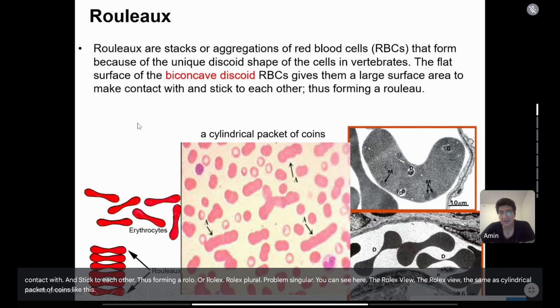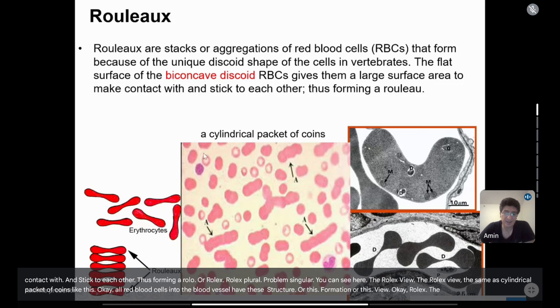Okay. All red blood cells in the blood vessel have this structure or this formation or this view. Okay, Rouleaux.